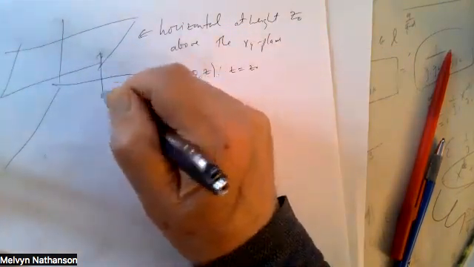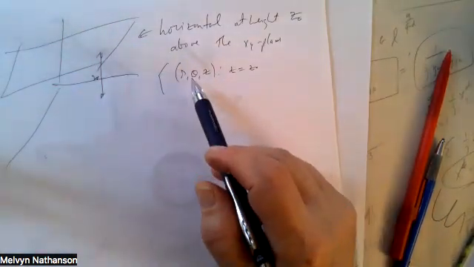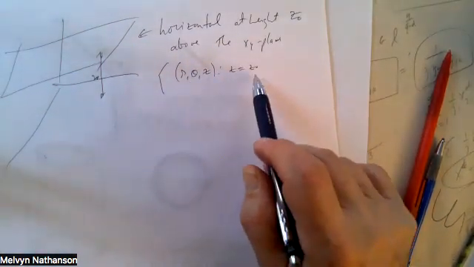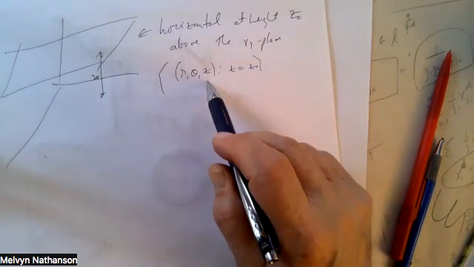So this height is z naught everywhere. There's no restriction on r and theta. The only constraint is that the third coordinate of the cylindrical coordinates is this fixed height z naught.